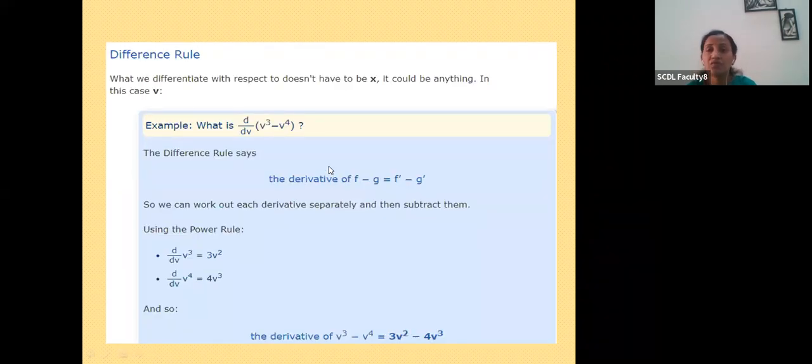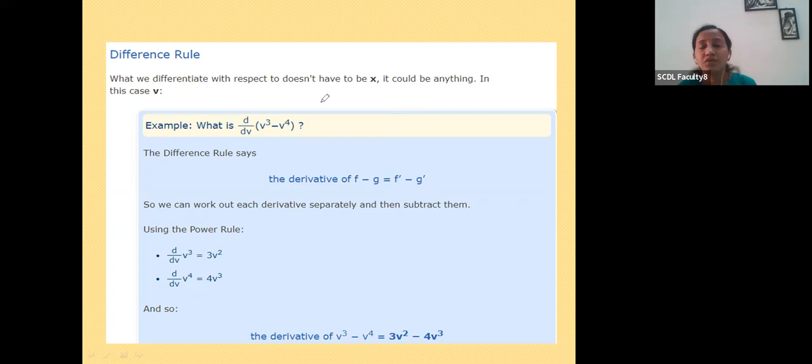Now there is a difference rule. In the sum rule, addition is given; in the difference rule, subtraction is given. What we differentiate with respect to does not have to be x. It could be anything, in this case v.